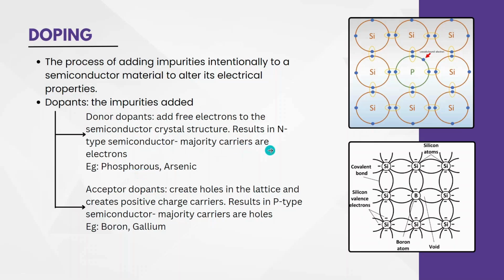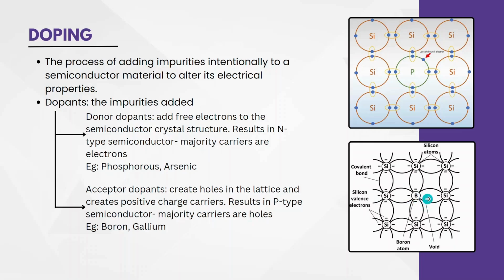Similarly, when we add an impurity that has fewer electrons, that is called an acceptor dopant. It will create a hole in the lattice because of the absence of an electron. There will be a hole and that will create more positive charge carriers. So positive means P-type semiconductor, and in that the majority carriers will be holes. Again, boron, for example, is an acceptor dopant.